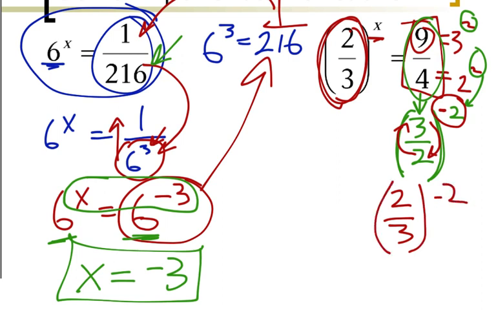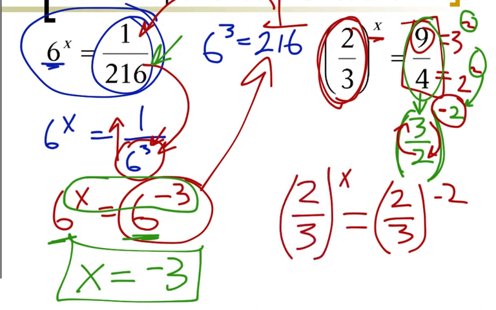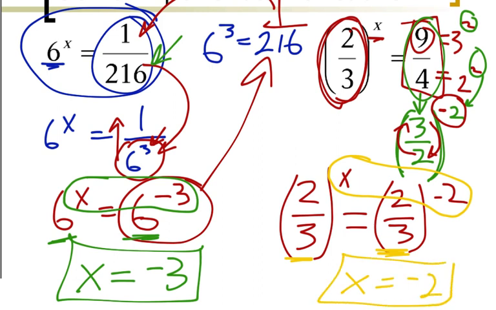So now I've got the base that's the same as the 2/3 base that I started with to the x power. The exponents are then the same because the bases are the same. So x is equal to negative 2. Okay? So the goal with these problems is all about making the bases be the same, and then you set the exponents equal to each other and solve for x if you need to do any isolating after that.